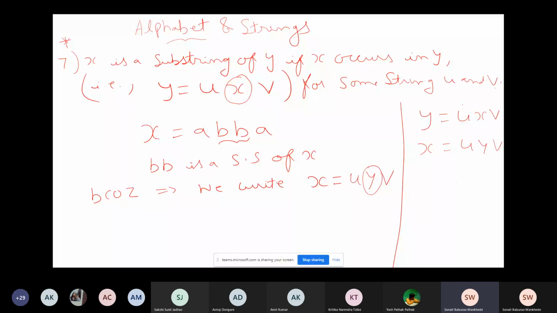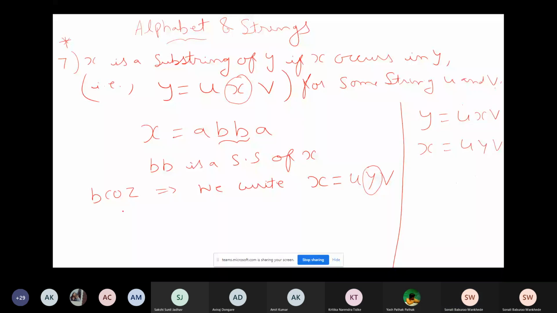Now, similarly, if we have an expression in this way, x is equal to abba. Here, bb is a substring of x because it is in this form, x is equal to u y v. Here, bb is a substring. What's the value of u and v now?